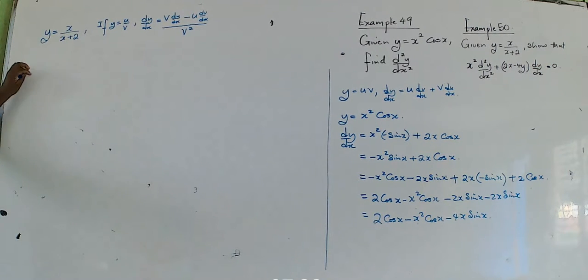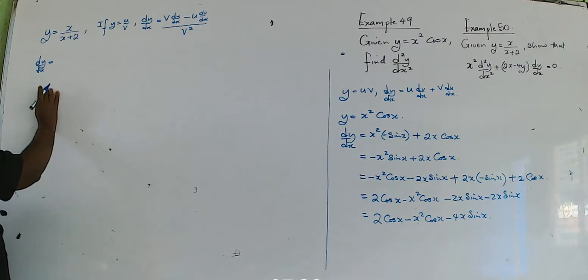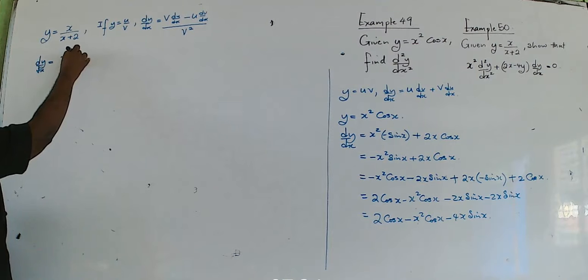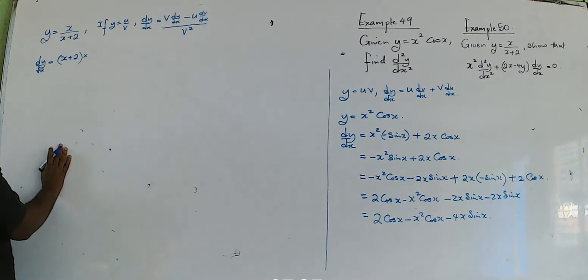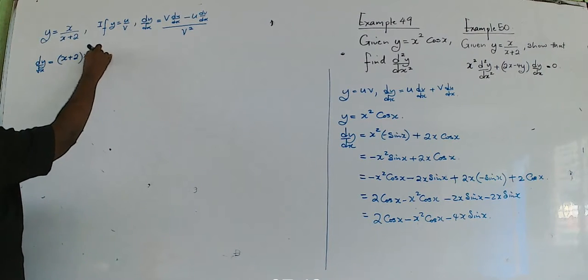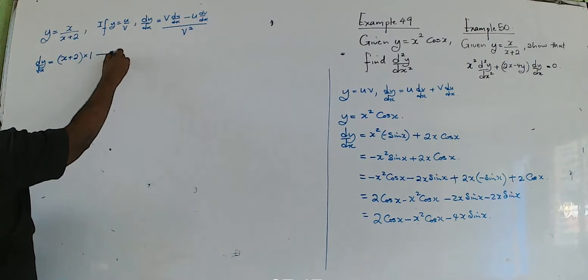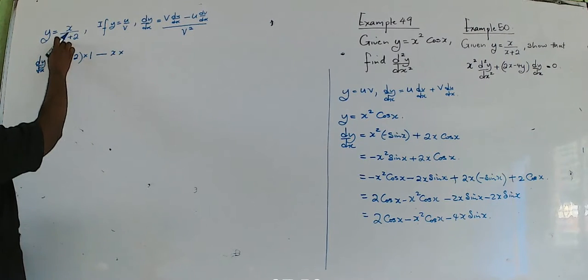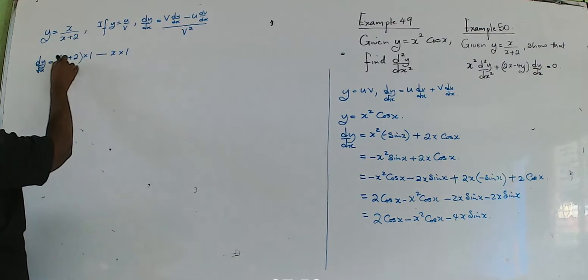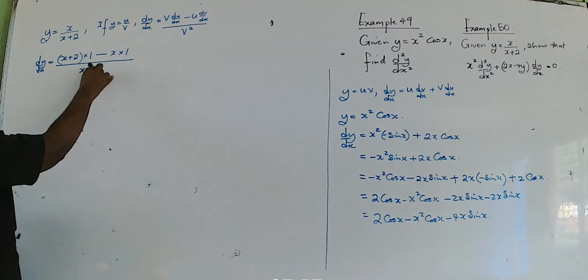Alright, so the numerator is u and the denominator is v. So dy by dx would be equal to v, the denominator, x plus 2, times the differentiation of the numerator, when you differentiate x you get 1, minus the numerator, which is x, times the differential of the denominator, which is 1, divided by v squared, which is the denominator squared.